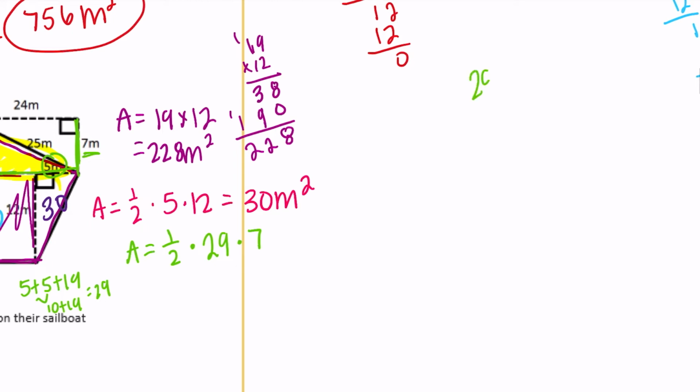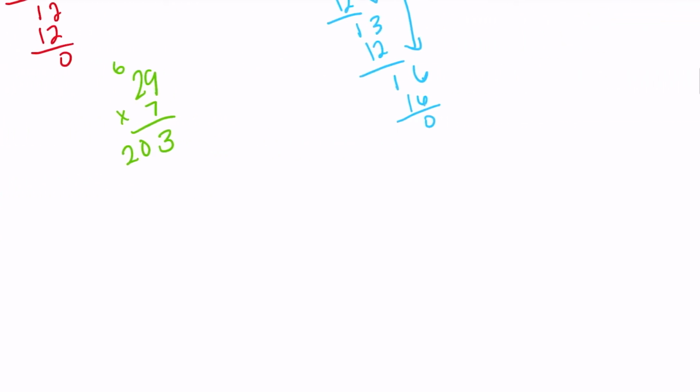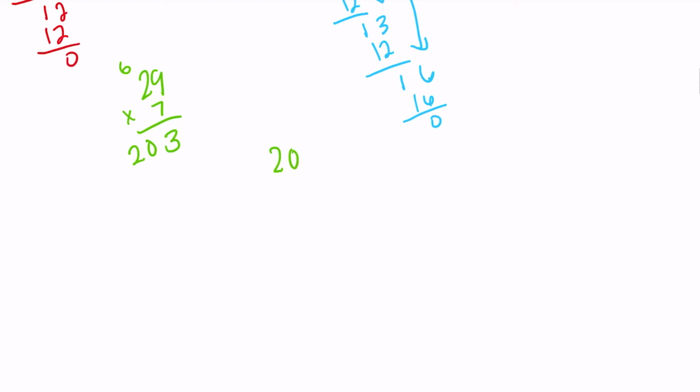So let's do 29 times 7. 9 times 7 is 63. Carry the 6. 7 times 2 is 14. Plus 6 is 20. So we get 203, but we need to find half of that. So let's do 203 divided by 2. 2 can't go into 0. 2 goes into 3 once.